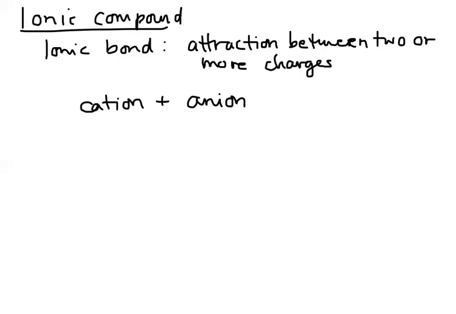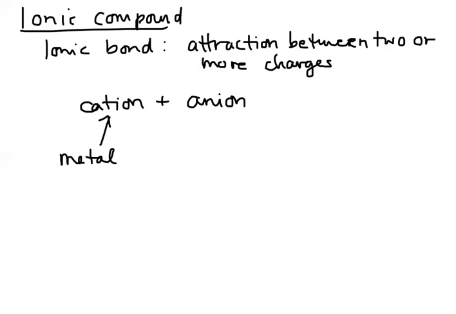Does anybody know what type of element a cation usually is? It's a metal, usually a metal. Because if you look at the periodic table and all of the elements you circled as metals or you outlined as metals, most of those will form positive charges.